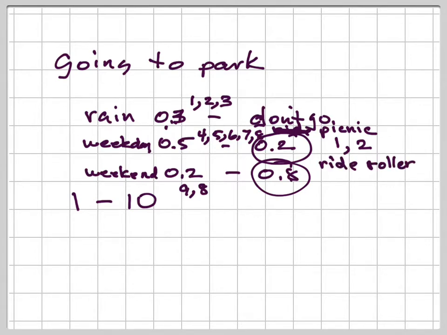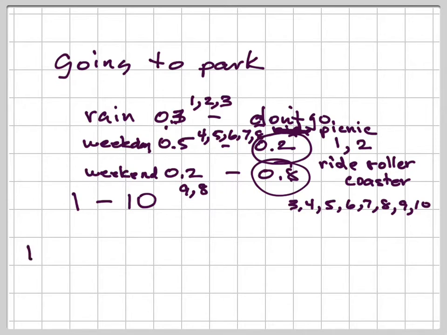It really doesn't matter, guys, what the things are, just the numbers and the probabilities. So 1 and 2 will be picnic, and the next 8 numbers, 3, 4, 5, 6, 7, 8, 9, and 10, mean you're going to ride the roller coaster. Okay? So we'll start our chart.